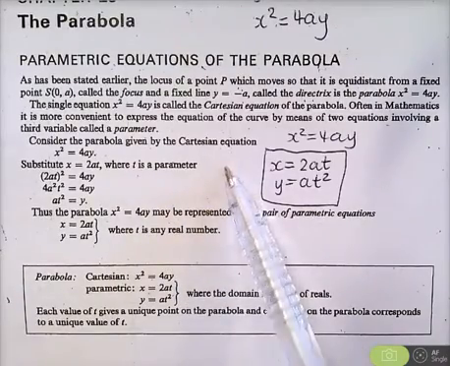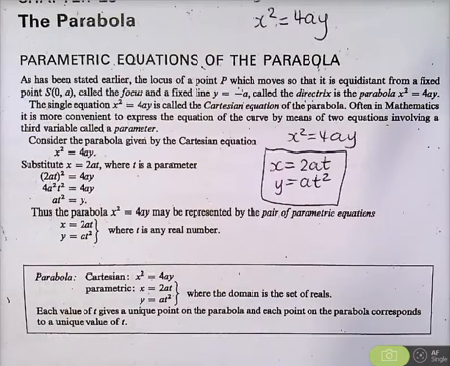Because we write this equation in terms of t, instead of just x squared and y, it's called a parametric equation. Once I start doing examples, you'll get it.